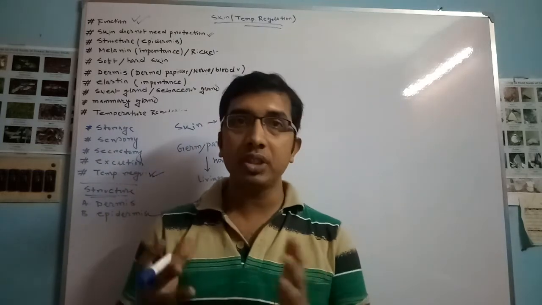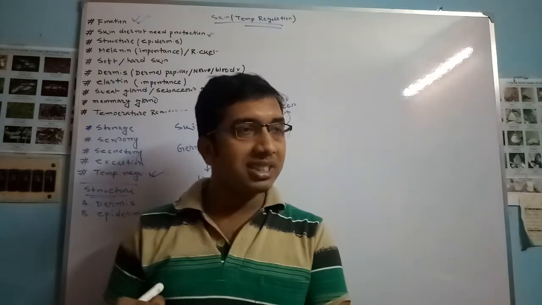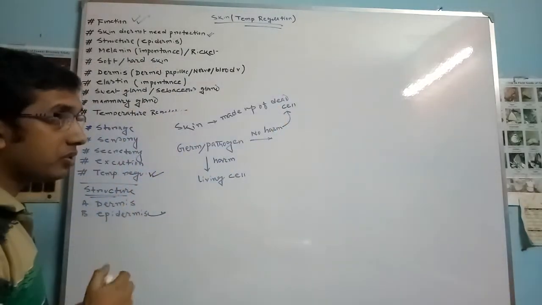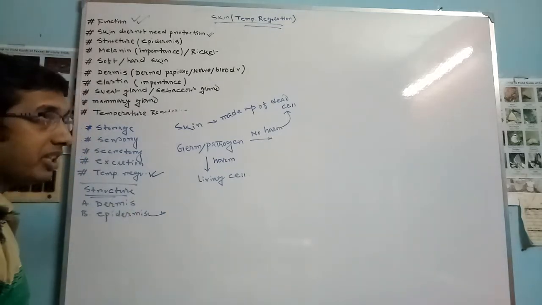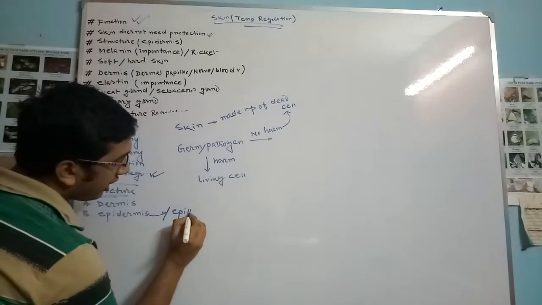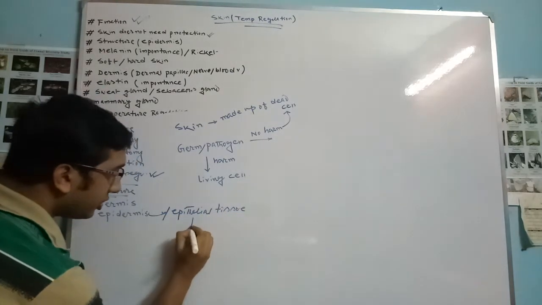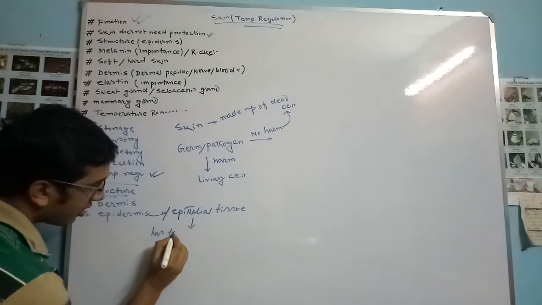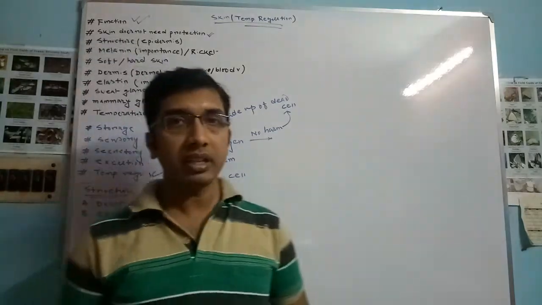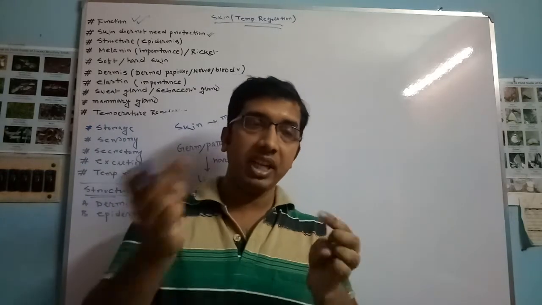And when you talk about tissue, that means a group of cells originating from the same source but performing similar functions. So here also the epidermis, the epithelial tissue, has two layers. Any organ in our body has an outer covering and an inner covering.